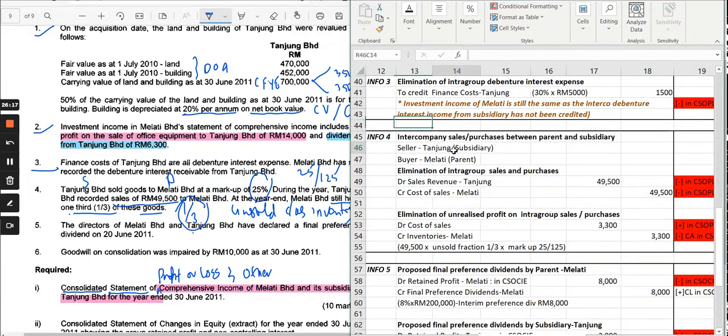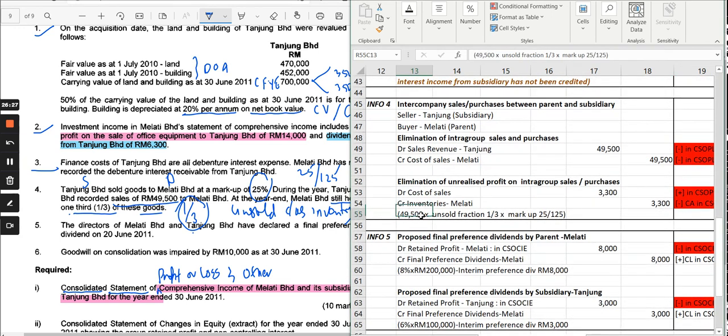The seller Tanjung, buyer Melati. So eliminate the intercompany sales and purchase, debit the sales, credit cost of sale. Eliminate the unrealized profit: take the sale, multiply by the unsold fraction 1/3, multiply by the markup 25 over 125, you have 3,300, and that will be adjusted in your consolidated statement of profit or loss in a short while.